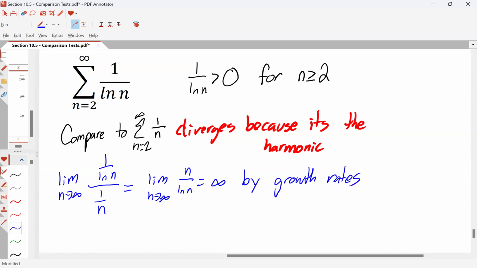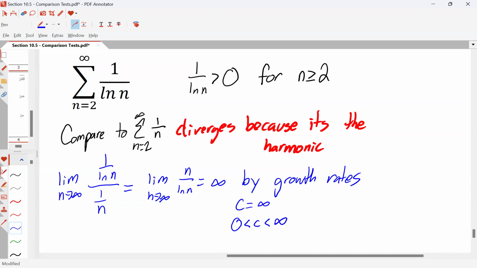Infinity is not 0, and infinity is positive, but it's not finite. We didn't get negative infinity. However, it's not the case we want. We want 0 less than c less than infinity, a positive finite number.